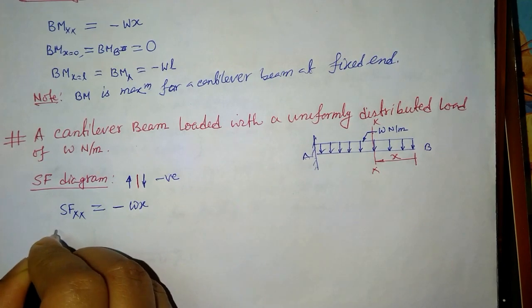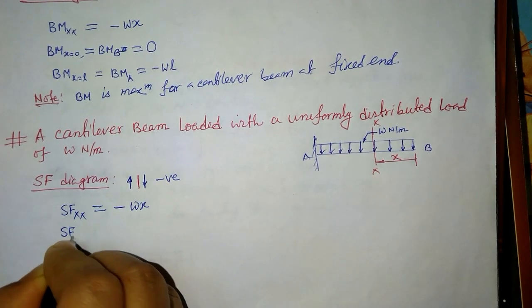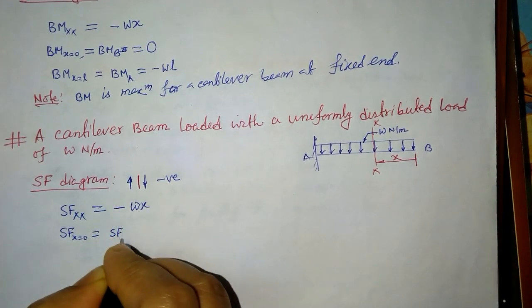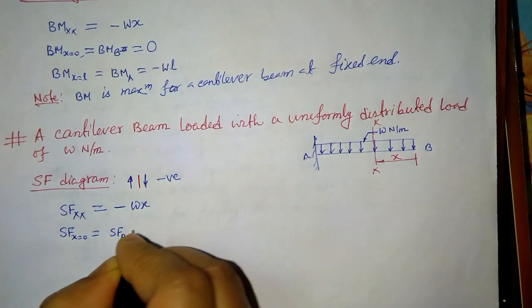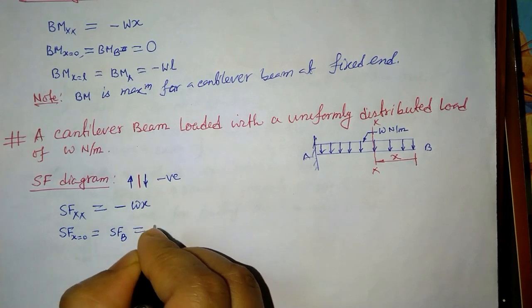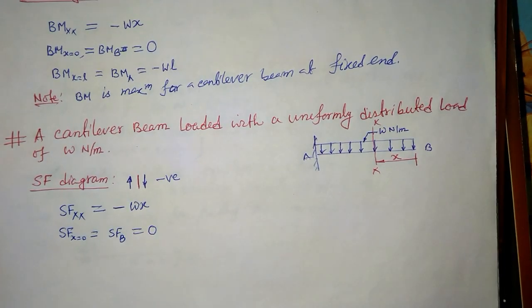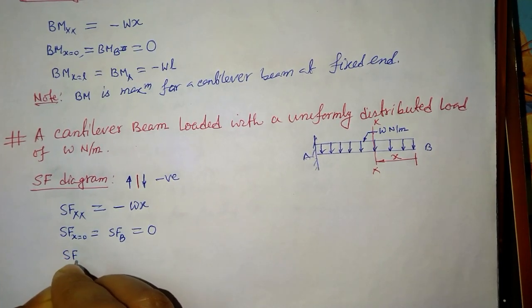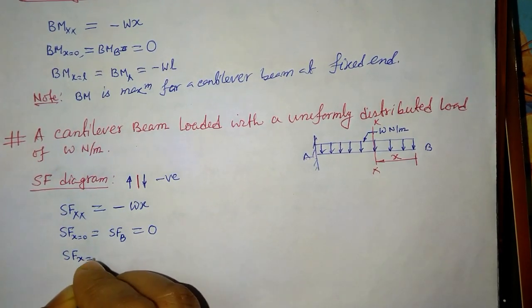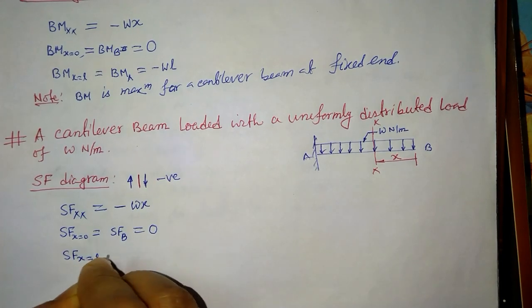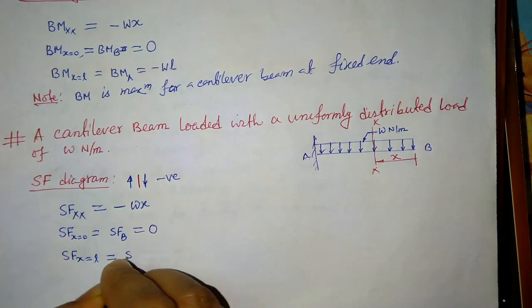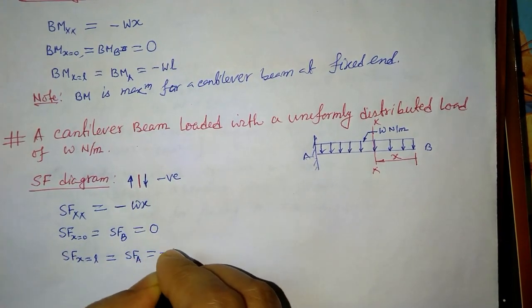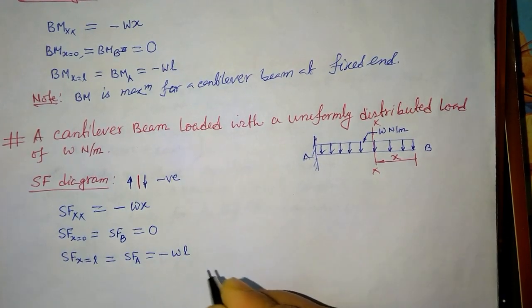Let's see shear force at x equal to 0, that will be the shear force at B. If we put x equal to 0, then this is 0. Next we have SF at x equal to L, which is the SF at A, and this is minus W into L.